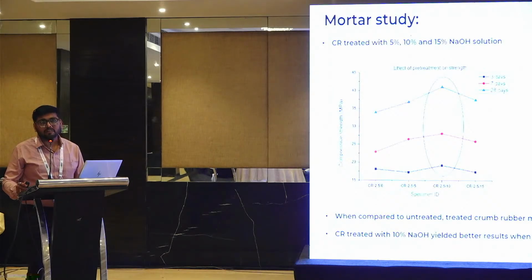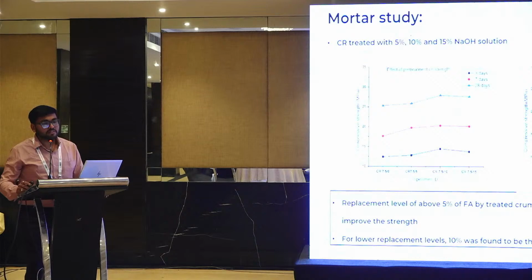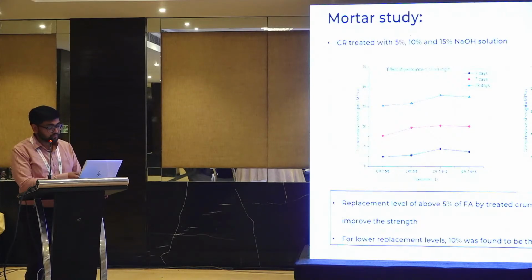So instead of just etching it, it might be damaged, and we are getting a reduction in strength post the 10% NaOH treatment. When you look at the higher replacement levels of crumb rubber, even the pre-treatment is not helping to improve the strength when compared with the control. So what we have concluded is that the maximum replacement of crumb rubber we can go with in the concrete trials is up to only 5% replacement, with a pre-treatment of sodium hydroxide, soaking it at 10%.